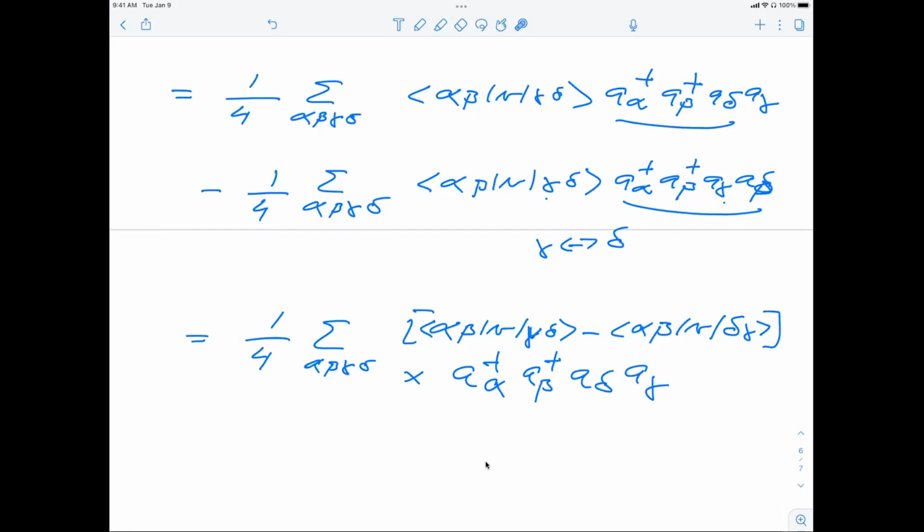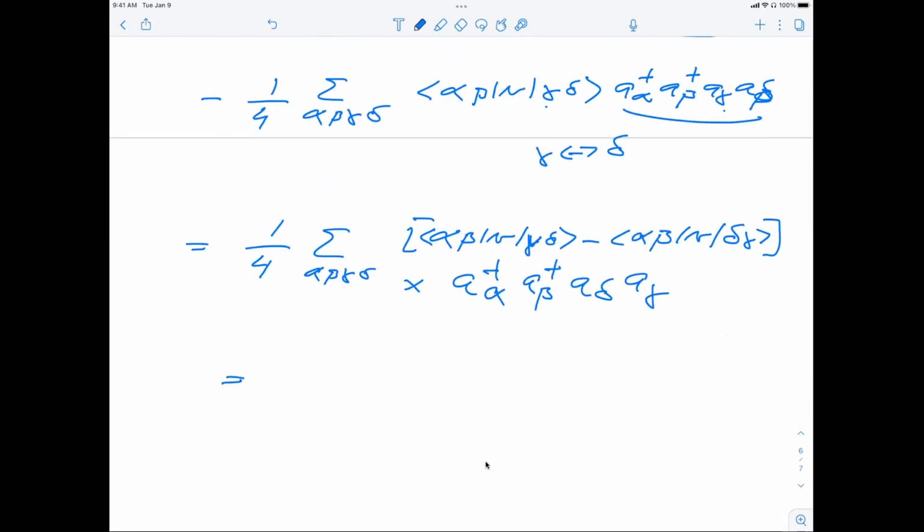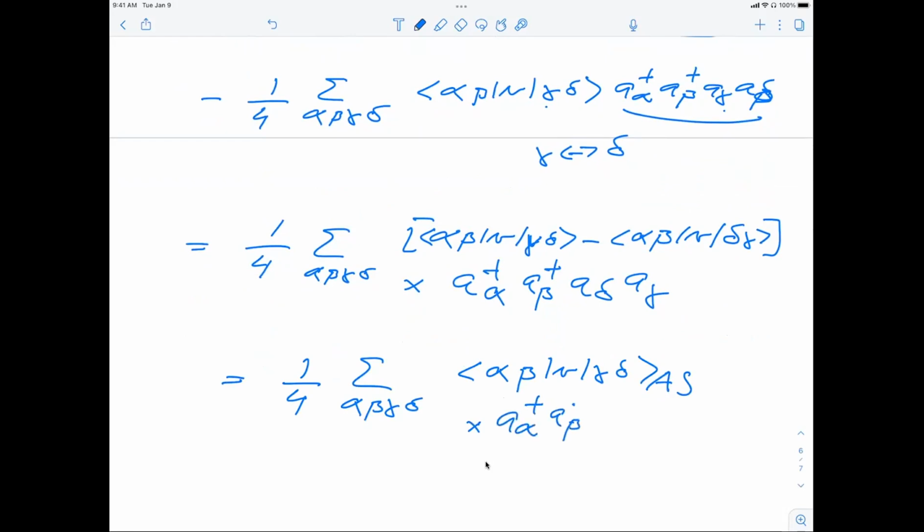But if you pre-calculate the anti-symmetrized matrix element, then you end up having to calculate just one contribution, because then you have pre-calculated the anti-symmetry. So you have a table of anti-symmetrized matrix elements, and you would just look them up, and this matrix element contains both these terms. And this is multiplied with a alpha dagger, a beta dagger, a delta, and a gamma.